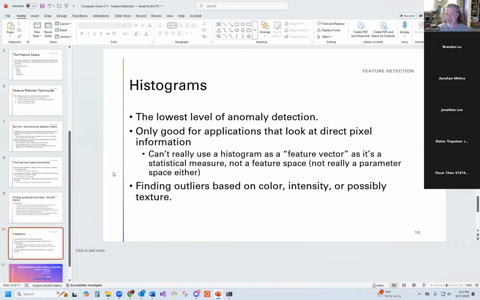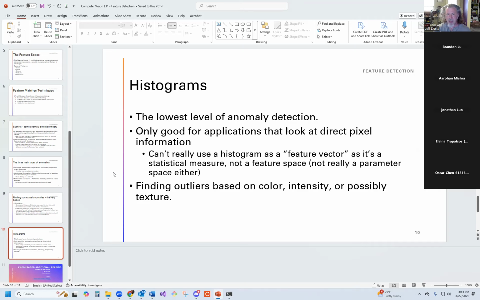It's just a statistical measure of the image as a whole. So when we're thinking about doing anomaly detection in images with histograms, which we're going to see in a minute, we're never really going to do it because it is not a good way of doing it. But you can think of it as the feature vector for the entire image, and then you're looking for any features that fall outside of the expected distribution.